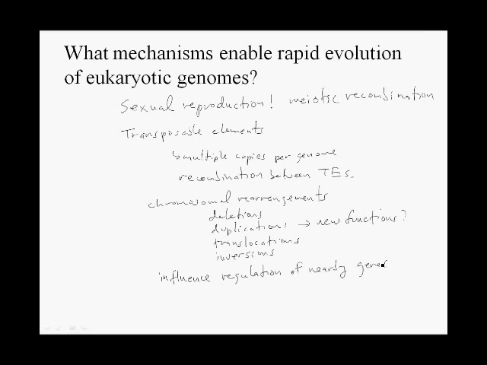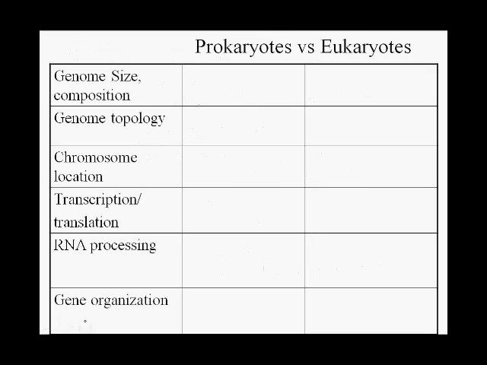So the insertion of a transposable element into the regulatory sequence of a eukaryotic gene may mean that the eukaryotic gene is turned off or even turned on at different times. So all of these can be drivers of evolution of eukaryotic genomes.